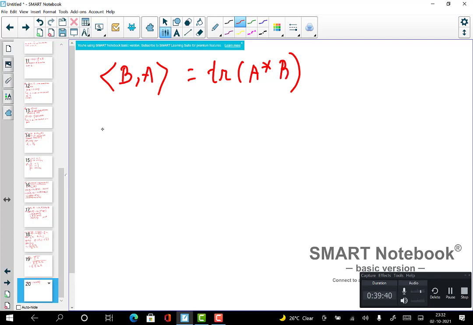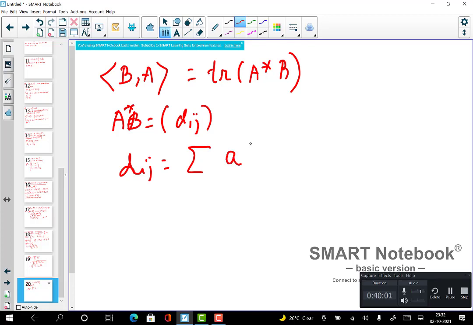Now what is the trace of A star B? So again by definition, I write down what is A star B. Suppose this is my matrix Dij, and Dij is what? Dij is nothing but the summation of (A*)ik and then Bkj, and k is 1 to n, right?